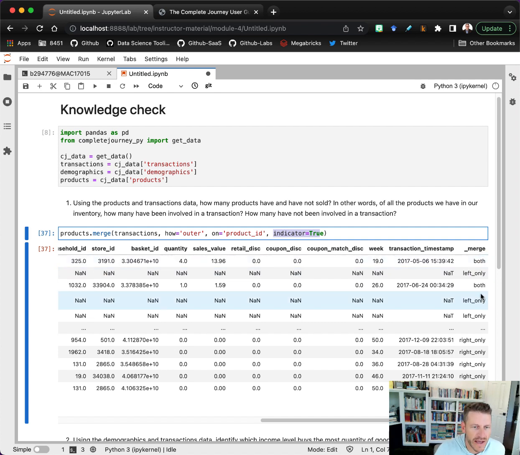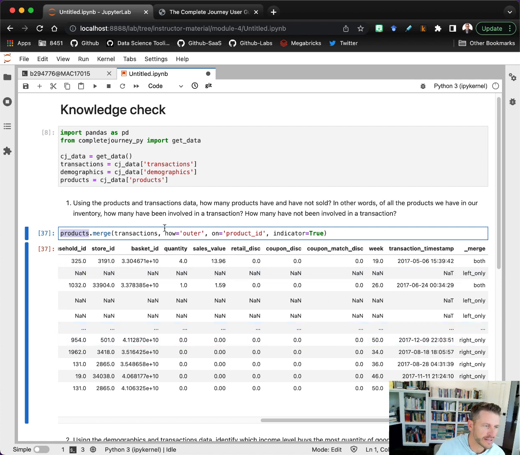There can be different values in here, and we see the 3 different values. Both means that for that given product ID, it was identified in both the transactions and the products table. Left only means that that product ID is in the products table, but not in the transactions.